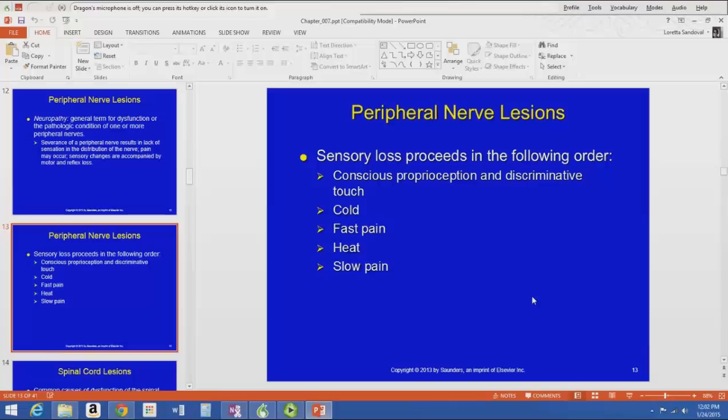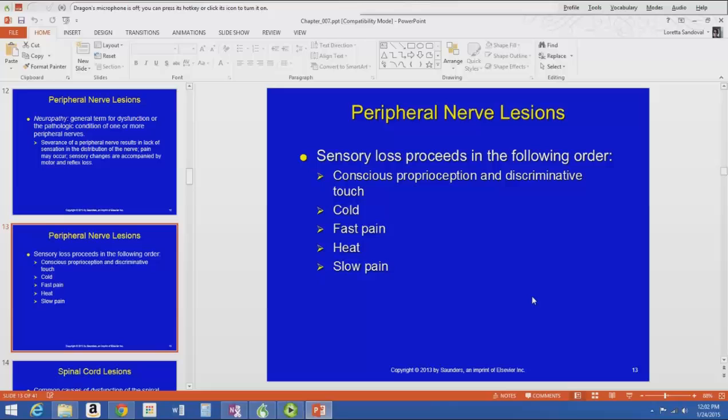So people with peripheral neuropathy have to be really careful what's going on with their feet. It's a really good idea to have them do a foot check with a mirror and make sure they don't have any cuts or anything on their feet that's going to cause them problems later. Just that sensory loss, that loss of discriminative touch, can cause other problems.